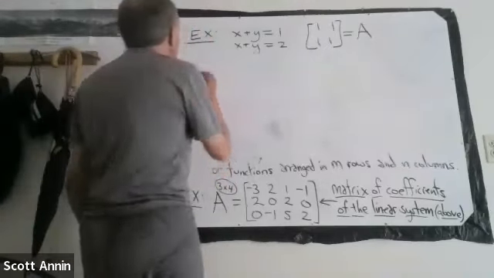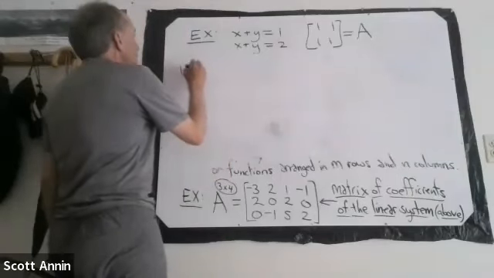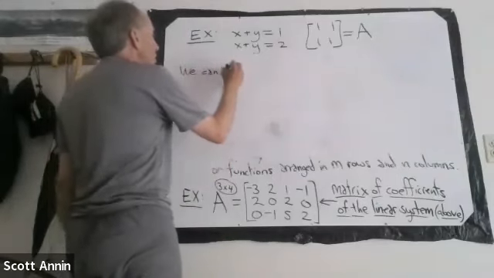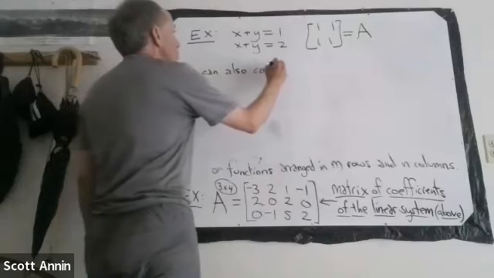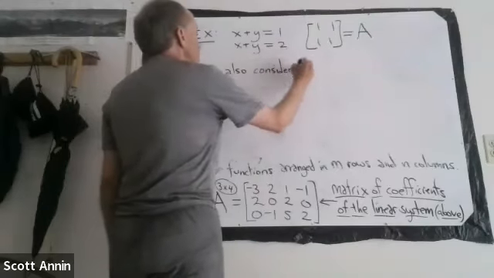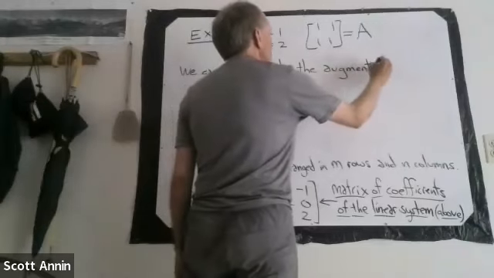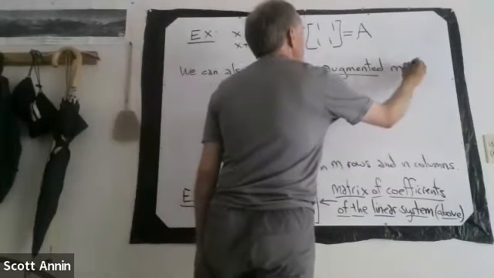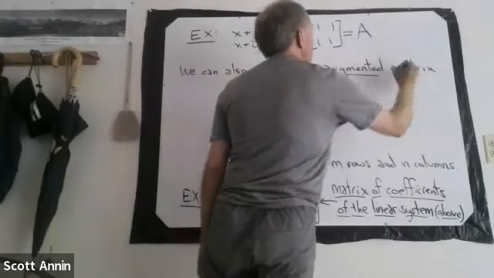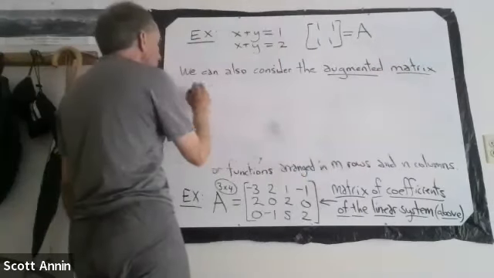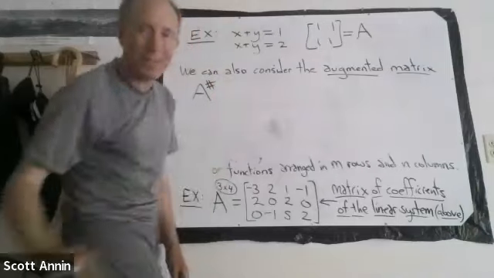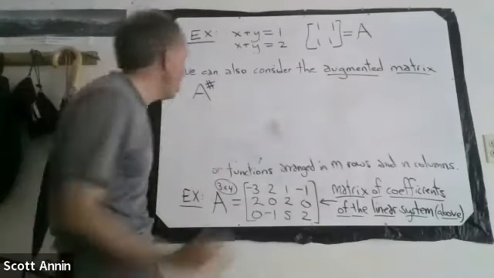What we can do is also consider the so-called augmented matrix. This is usually written with a pound symbol next to the matrix. So this would be like A sharp.